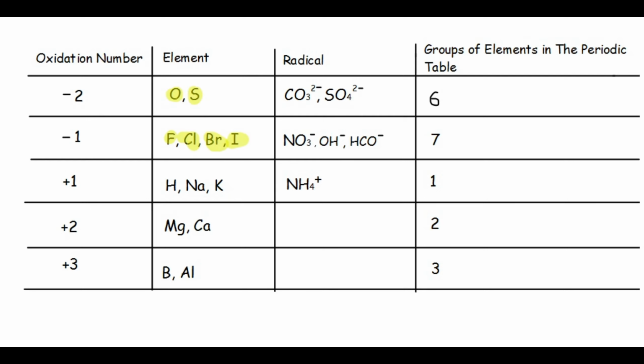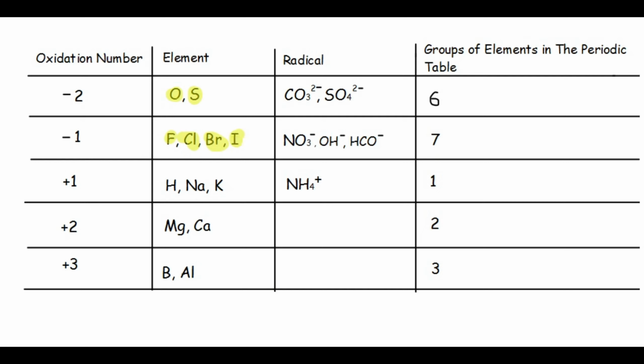Now, please try to memorize this, that this family I'm highlighting right here, this family of elements called the halogens, they are found in group 7 of the periodic table and their oxidation number is -1. Memorizing this will be very helpful when you are writing formulas for chemical compounds.